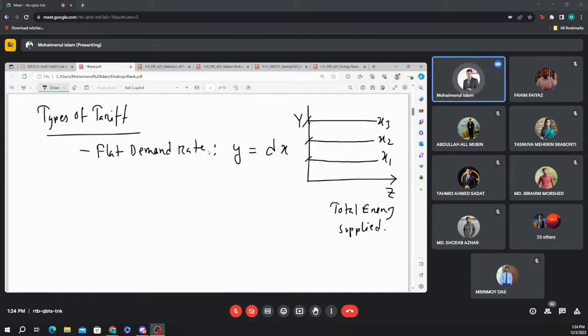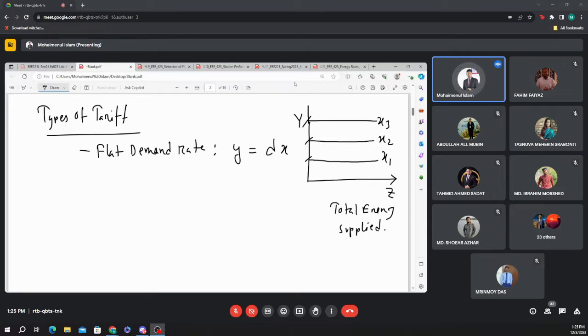Anyway, so flat demand rate, I'm just talking about. Suppose you have a house, you design your house load for 5 kilowatt. If you just pay every month for 5 kilowatt hour energy consumed, each hour you are using 5 kilowatt of consumed energy, so you have a very high amount of bill considering the flat demand rate.